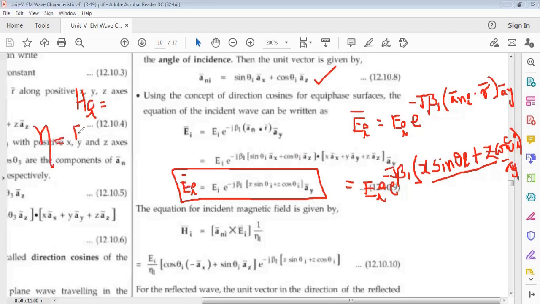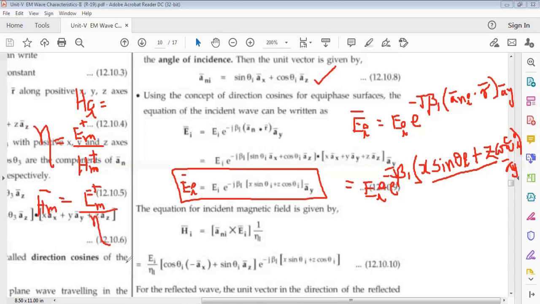Eta is equal to E_m plus by H_m plus, where E_m plus is a magnitude and H_m plus is a magnitude. I need H_m equal to E_i by E_m plus by eta. It is a formula we have, H is the E_m by the eta.